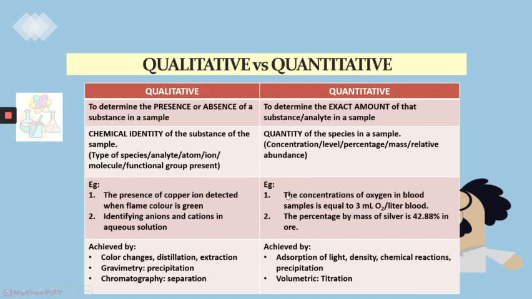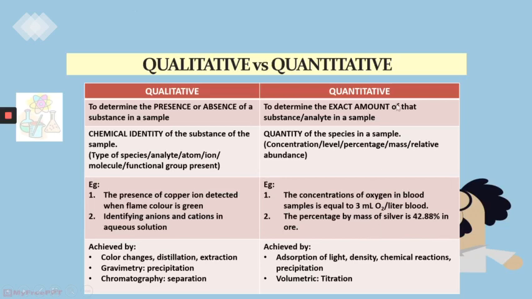Example of quantitative: the concentration of oxygen in a blood sample is equal to 3 ml oxygen per liter blood. For this case, what is the compound? It is the oxygen. How much is the compound? 3 ml. And then another example, percentage by mass of silver is 42.88% in ore.